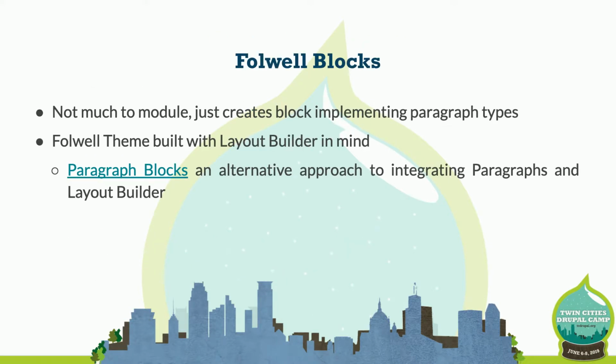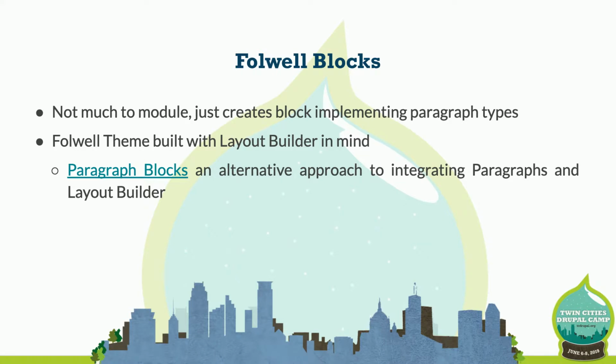So then the blocks. The Folwell blocks module is really the smallest component to it. It is really only configuration, and the block is just a container for one of those paragraph fields that I just showed you. And the reason that I do this is, I don't know what your experience is with Layout Builder to this point. Anybody here has played with it? But having a paragraphs field on a node, and then using Layout Builder to control that becomes very problematic, because the field of your paragraphs is just one thing from the point of view of Layout Builder.